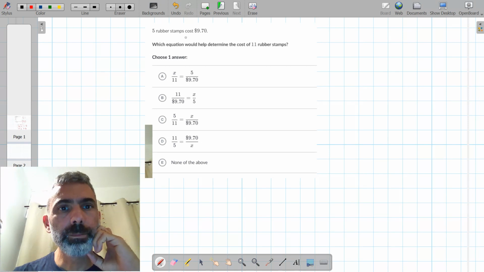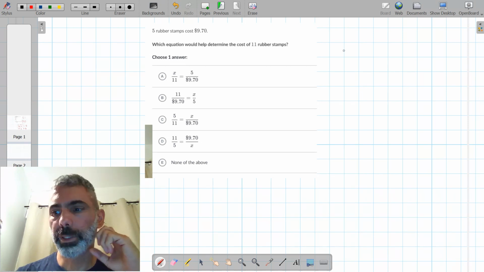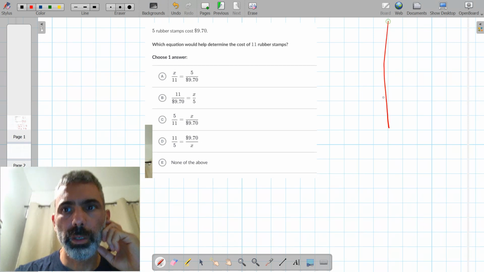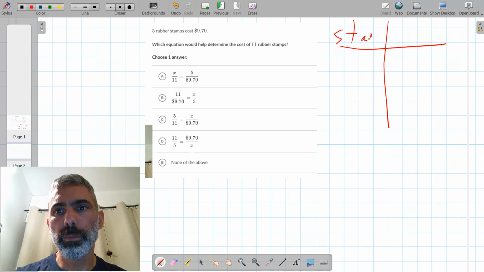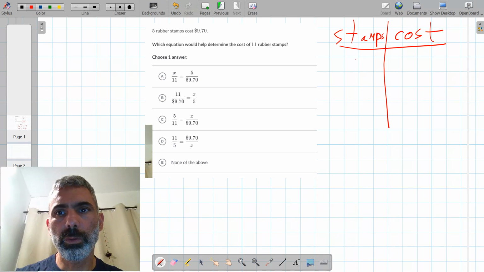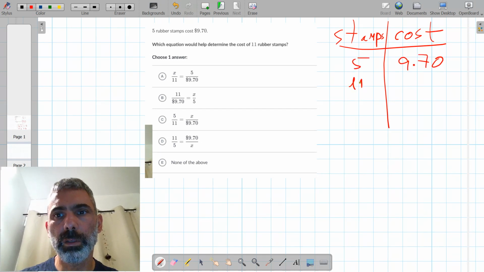Five rubber stamps cost $9.70. Which equation would help determine the cost of 11 rubber stamps? Okay, so I have stamps and cost. And we know that 5 costs $9.70 and 11, we don't know how much 11 costs.